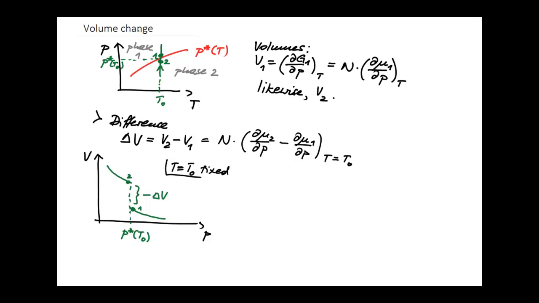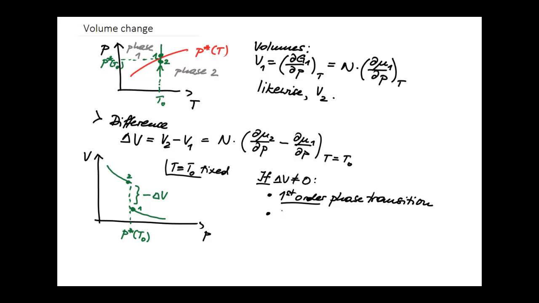If delta V is different from 0, then this is a signature of a first order phase transition. Only in a first order phase transition may you have discrete changes of volume.